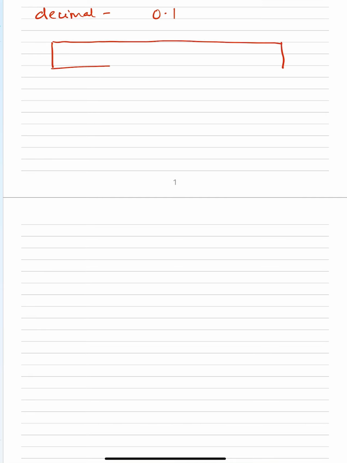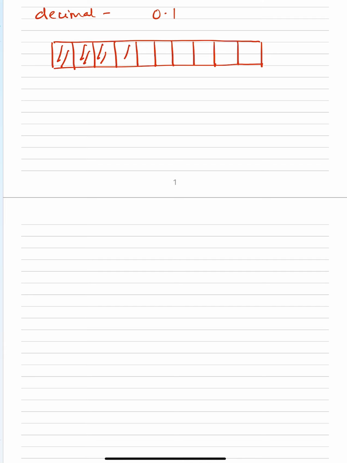Let me take another example. Same 10 equal parts. Now if we shade 4 parts, then it will be 4 upon 10.